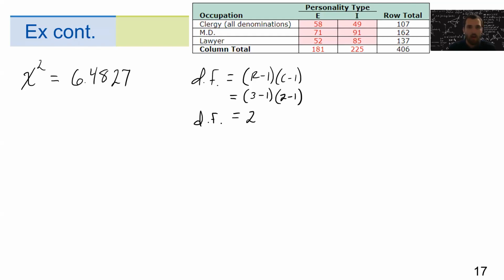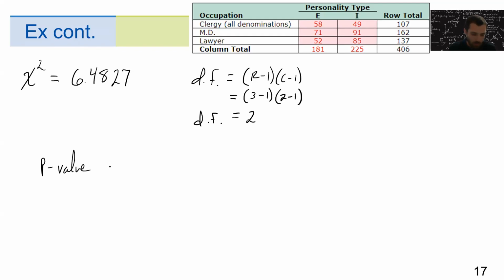All right. Now I need to determine what my p-value is. What I want you to do is look in your book, like we did in class today. When you look at your book with the degrees of freedom equal to 2 and chi squared 6.4827, you will end up with a p-value.